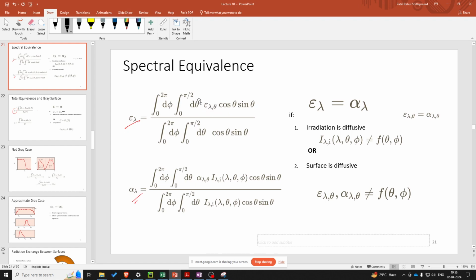But we haven't been given this 0 to pi by 2 directly. We have to break it into two parts, 0 to pi by 4 and then pi by 4 to pi by 2. That is how we have to do it, because the emissivity is changing with respect to theta over here.